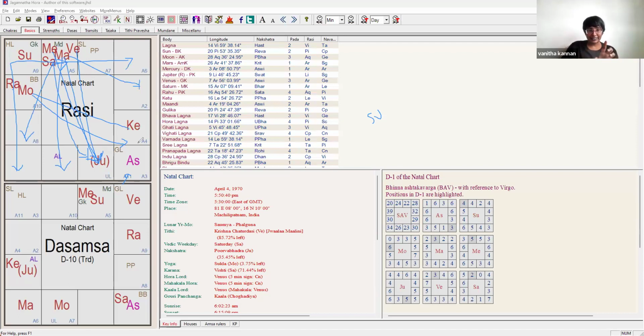Now coming to Ketu: 1, 2, 3, and the 7th is aspecting Moon and Rahu. Then 8, 9, 10, 11, it's aspecting Jupiter. So if you see this, the malefic planets are mostly aspected by Jupiter, or are aspecting Jupiter.